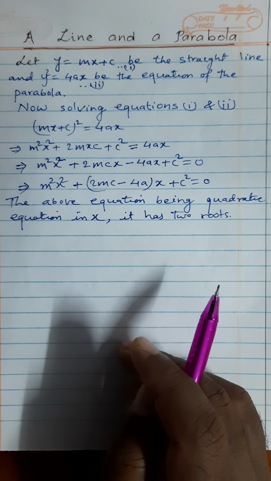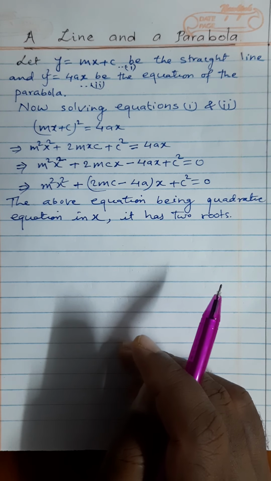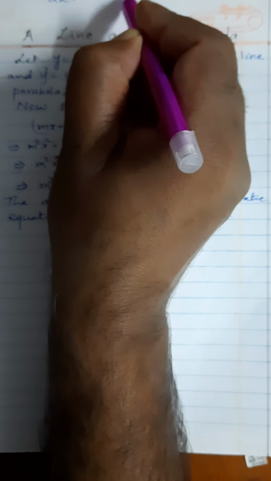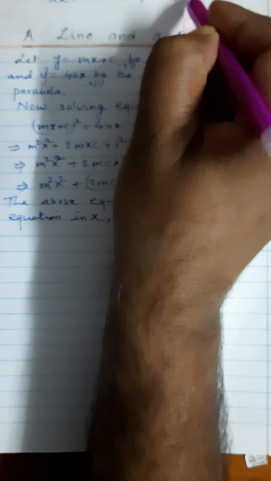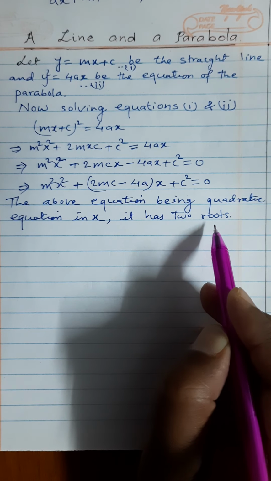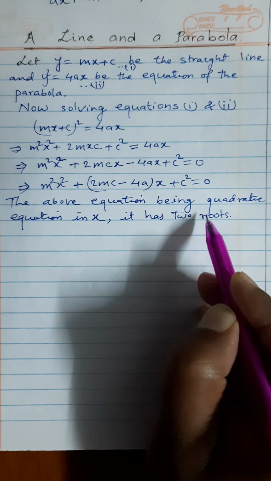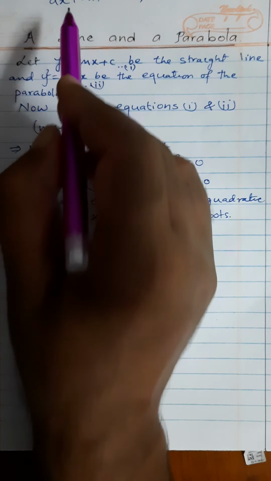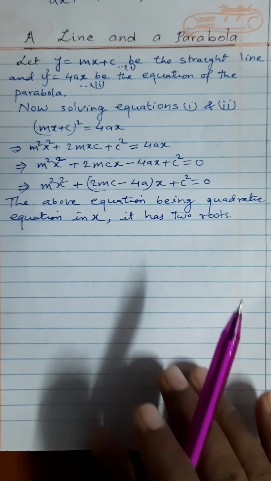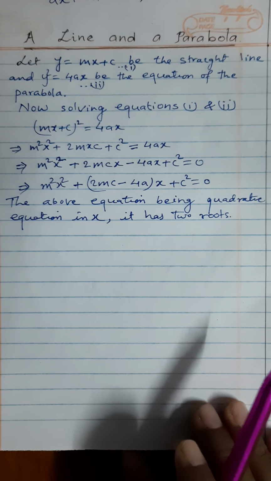The discriminant tells us the nature of the roots. As you know, the quadratic equation ax square plus bx plus c equals 0, a not equal to 0, has two roots. Here roots means the values of x which satisfy the given equation.